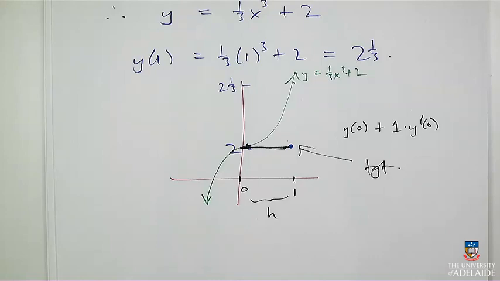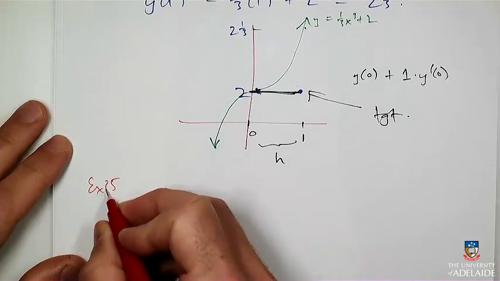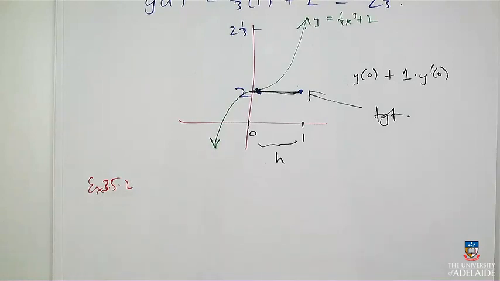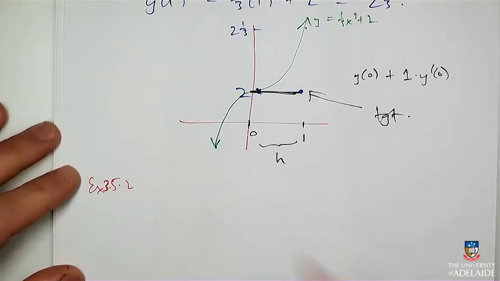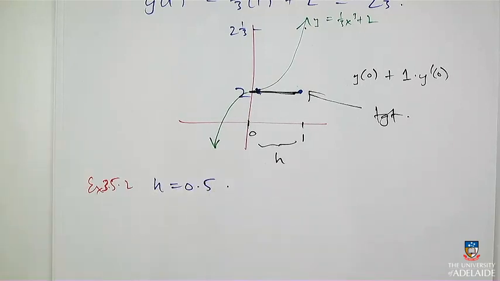Right? So we'll do the same example, okay, but we'll use 2 subintervals. So we'll do gaps of 0.5. Okay, so this time, same, but h = 0.5. So this time we need 2 steps.